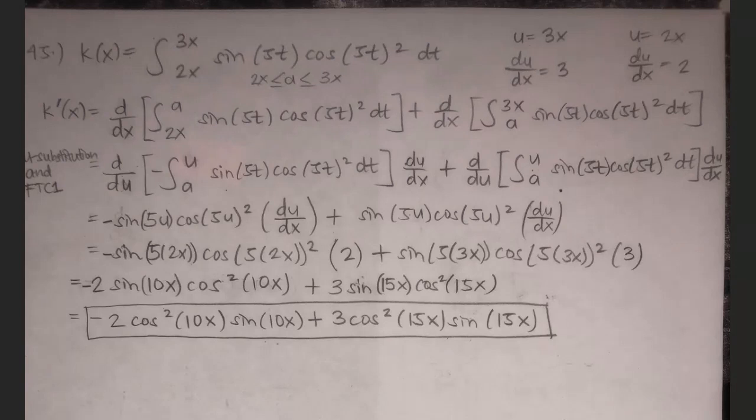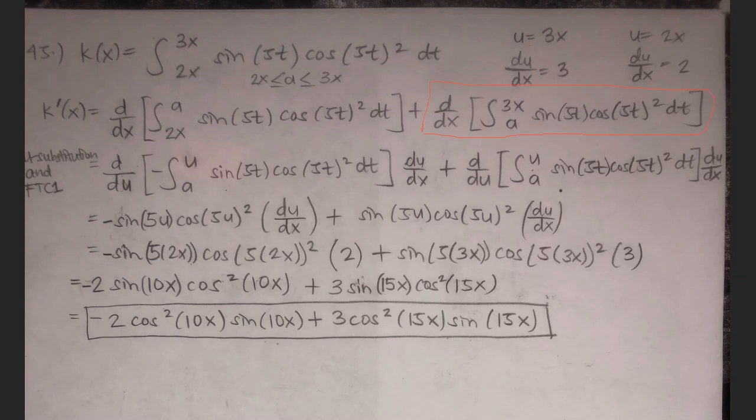Yeah, as you said, for this kind of question, we want to use the first part of the fundamental theorem of calculus. Let me mark this. We have this kind of form.